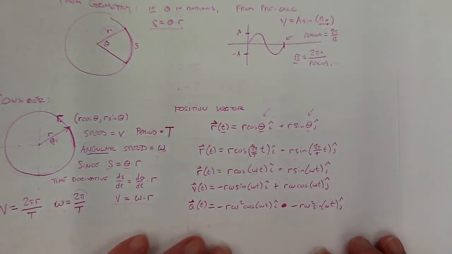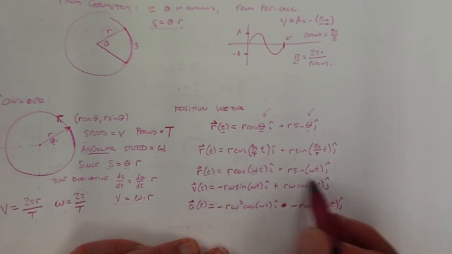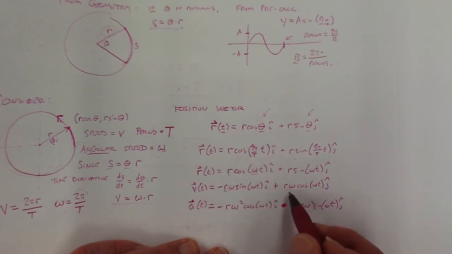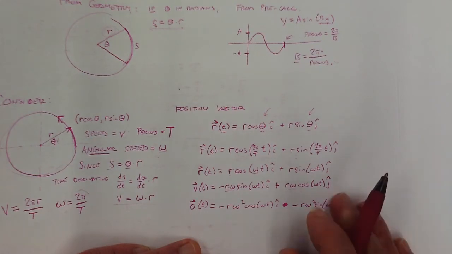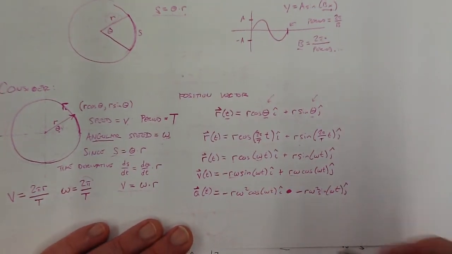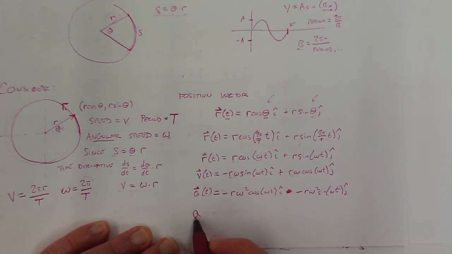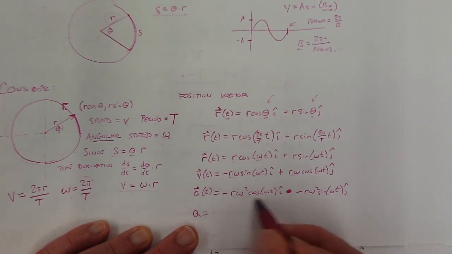All right. And by the same kind of Pythagorizing argument that we just made to confirm that the speed is just omega times r, what is the magnitude of the acceleration? I'm going to write a without its vector hat. That means I'm just talking about the magnitude of it. I would Pythagorize these, just like we talked about here.